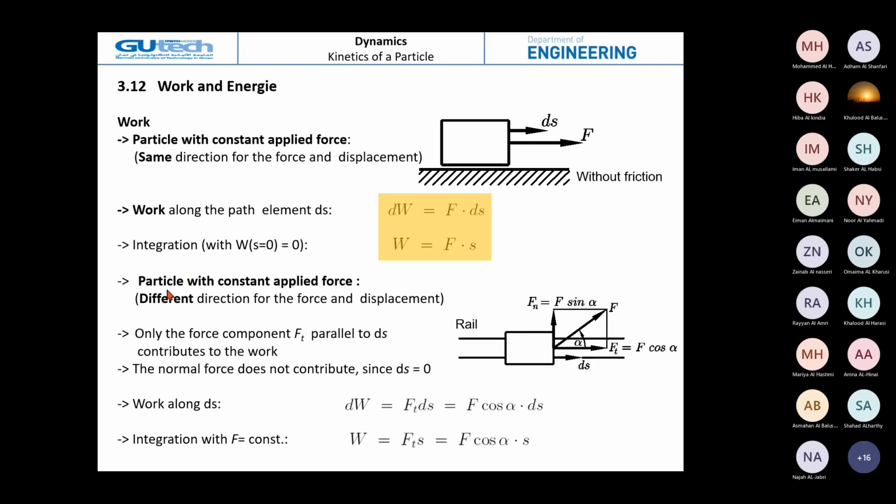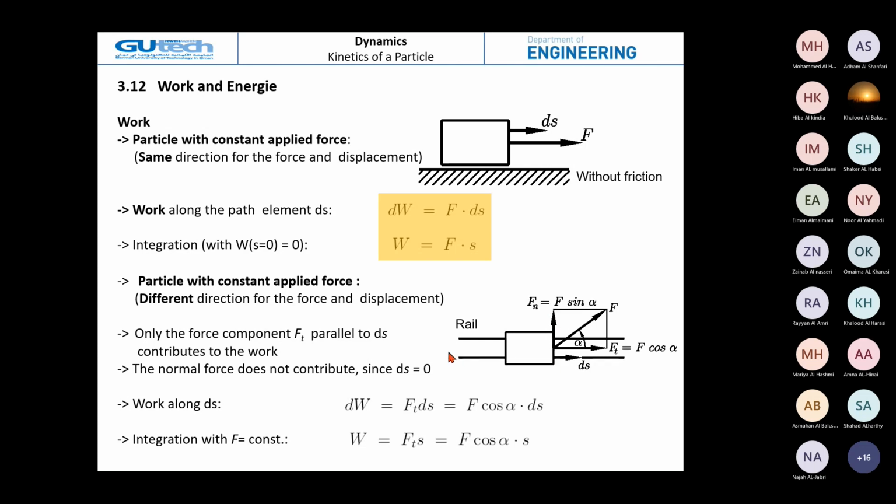Now we take the particle with the constant applied force, with different direction for the force and displacement. That means we take the tangential one, Ft, and the normal one. Now the force F can be projected in tangential direction and in normal direction.